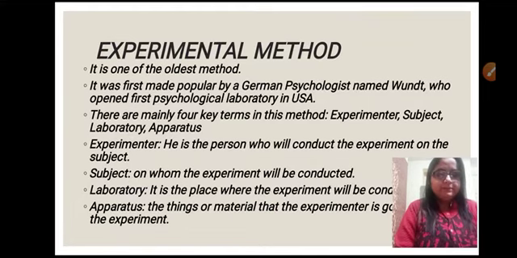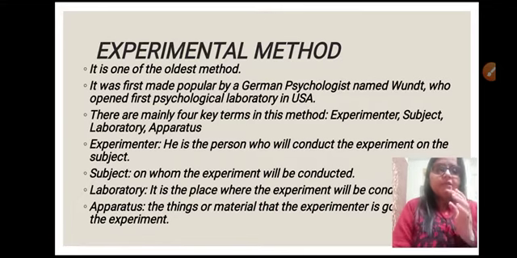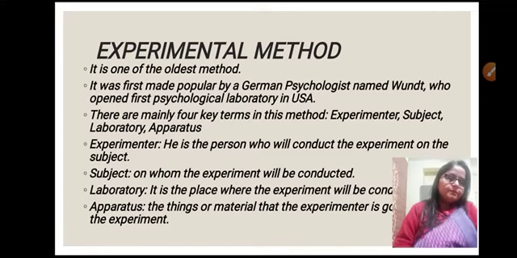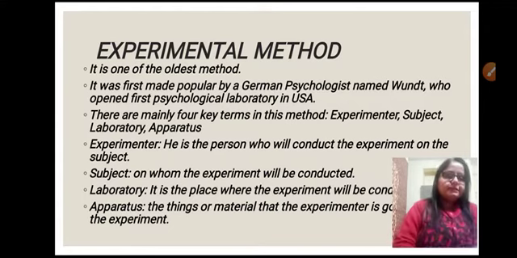If we want to understand this method in a better way, first of all we need to understand four key terms: experimenter, subject, laboratory and apparatus. If we understand these four key terms, then we will be able to understand the experimental method in depth.